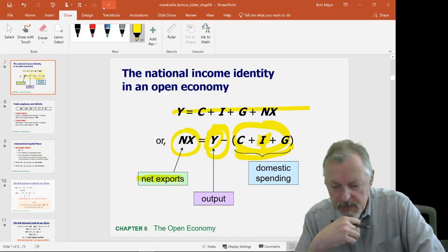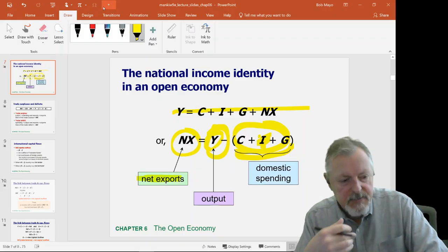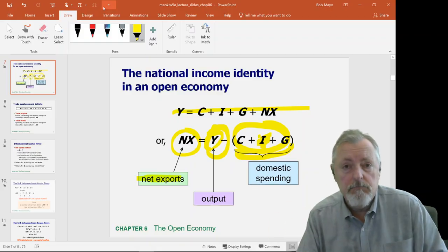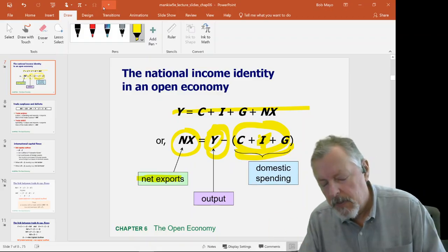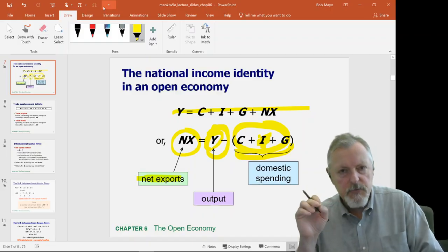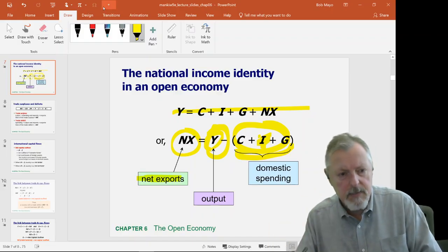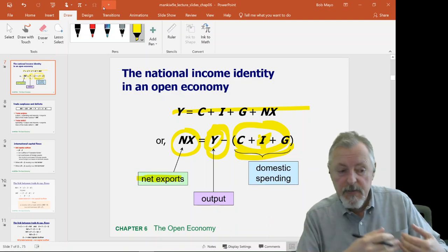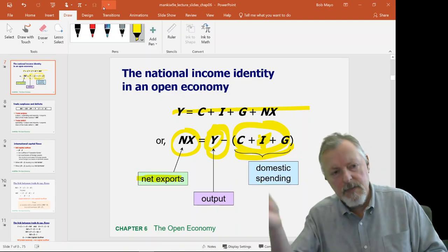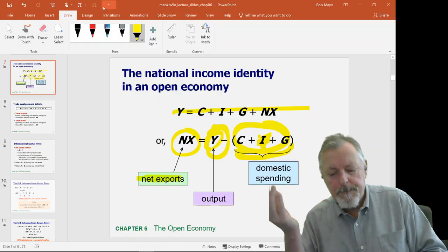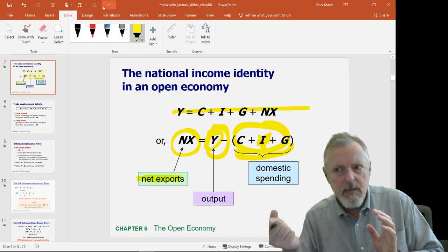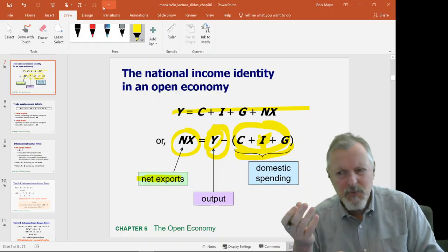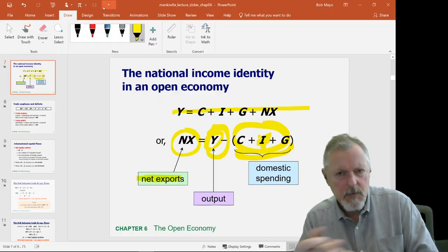The other way is a German could sell, doesn't matter, something, a capital asset. If a German were to sell a product, like a clock, to someone in the United States, yes, we would send them dollars. But that would be an import for us, so it would reduce net exports.